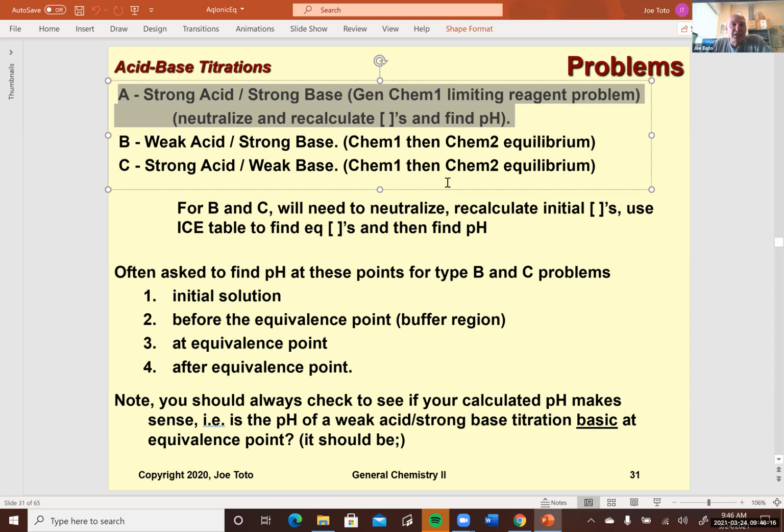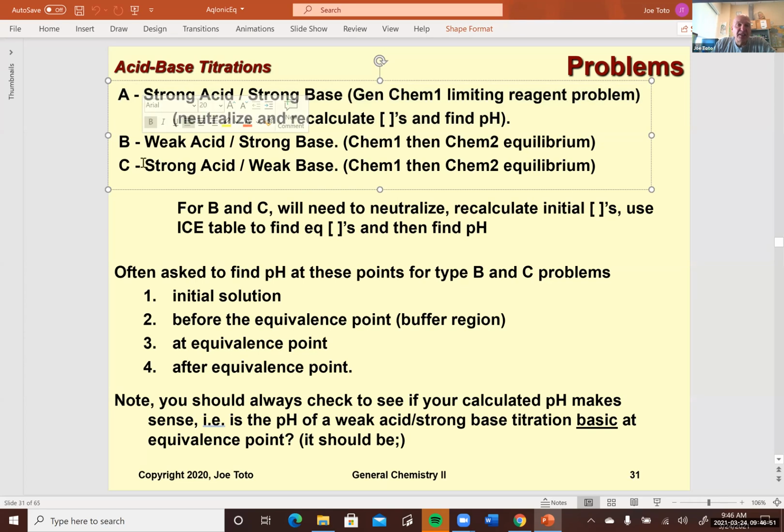It's always a limiting reagent. One is in excess unless it's at equivalence point, at which time there's the same amount in moles of acid, strong acid, reacts with strong base to form salt and water, and you know the result of that is going to be a pH of 7 because in the salt you have ions that are spectators. That's different from these other cases here.